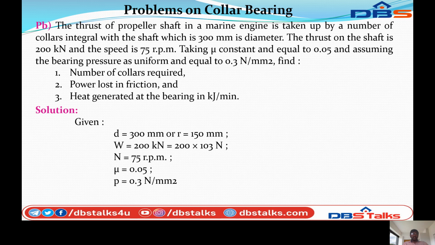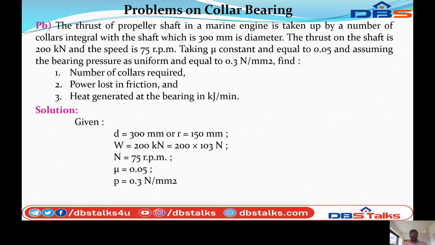The thrust on the shaft is 200 kilonewtons and the speed is 75 rpm. Take mu as constant and equal to 0.05, and assume the bearing pressure as uniform and equal to 0.3 newton per mm square. Find the number of collars required, power lost in friction, and heat generated at the bearings in kilojoules per minute.